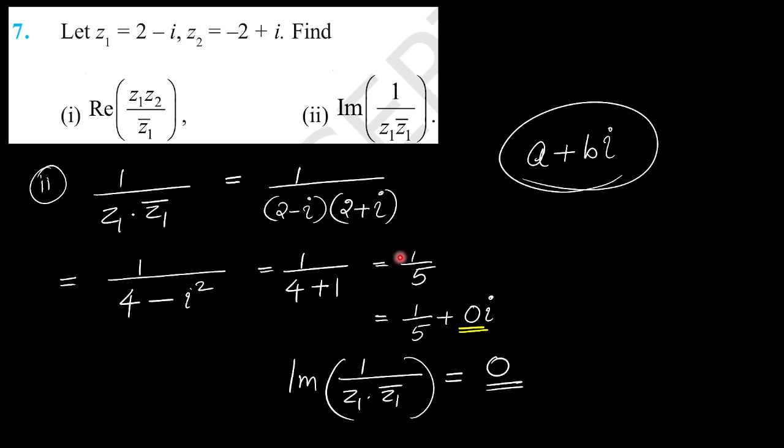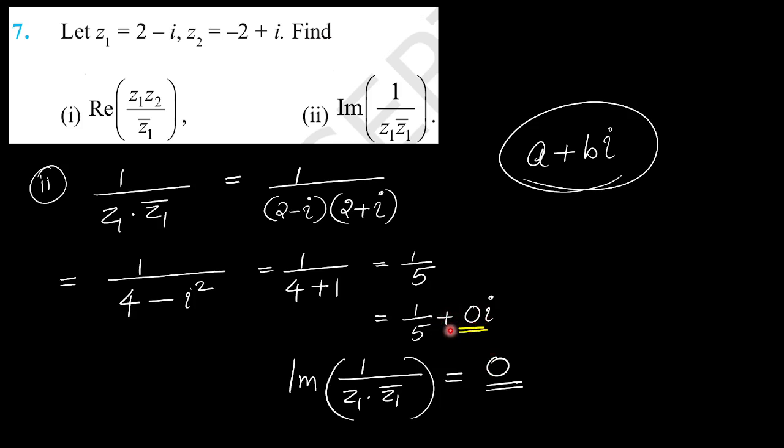Currently 1 by 5 is not in the complex number form. It is not in a plus bi form, because i is not available here. So in order to write it in the form a plus bi, I simply added 0i. If I add 0i, that does not change the value. 0 into any number is 0.